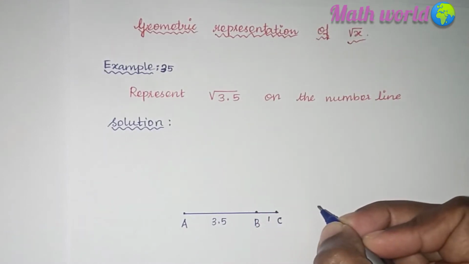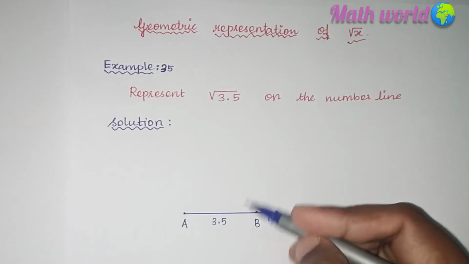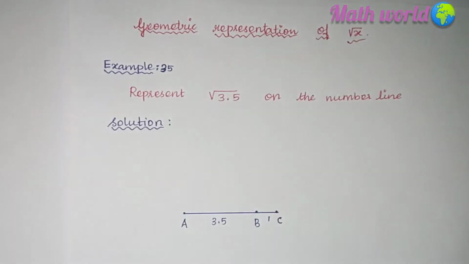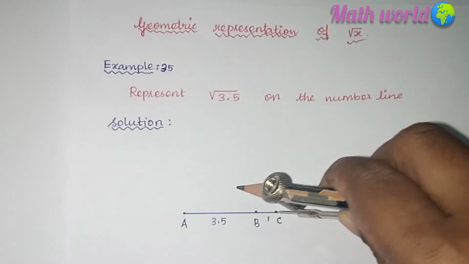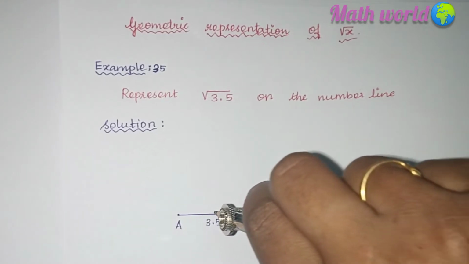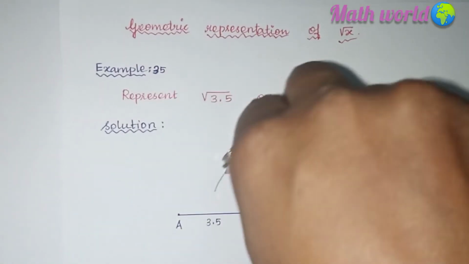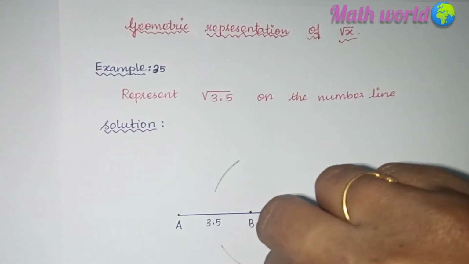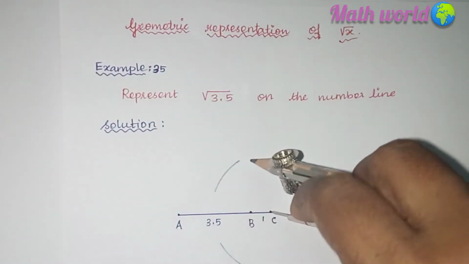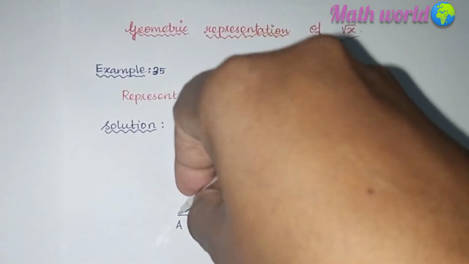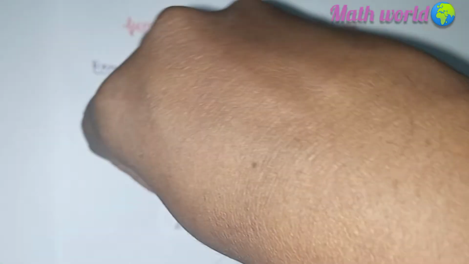this point is C. Now we need to find the center point, so I take the compasses. You just take more than half the length and draw one arc, and the same, draw one more arc here. Without changing that measurement, keep the tip on A and draw one arc and one more arc.